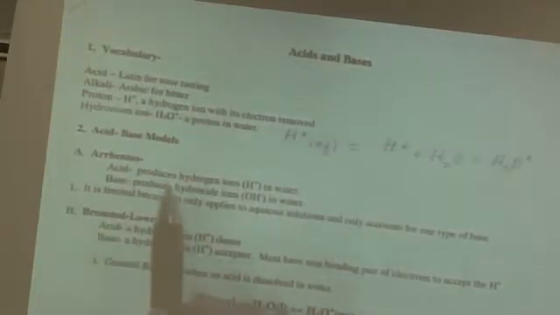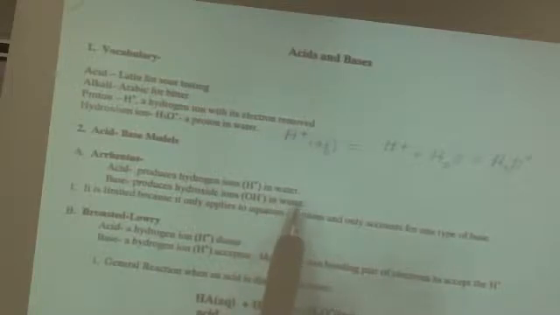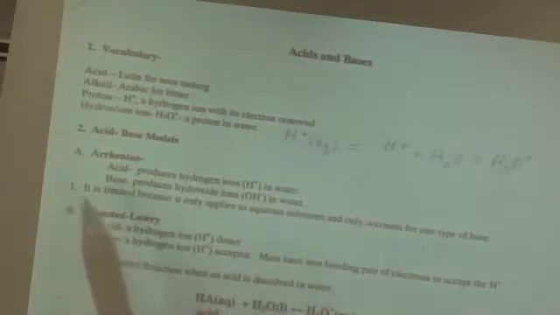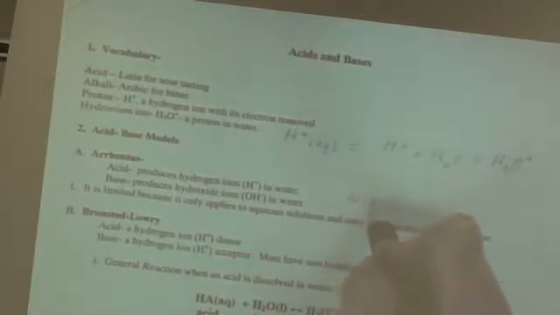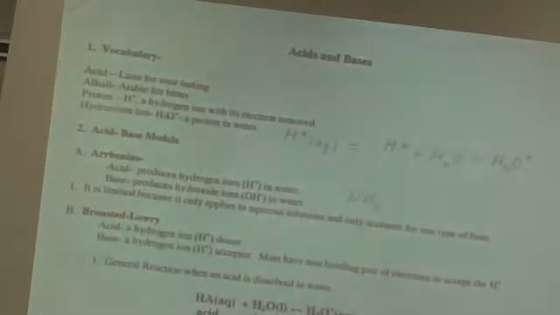A base produces a hydroxide ion, an OH- in water. This is very limited because it only applies to aqueous solutions and it only accounts for one type of base. This is most definitely a base, and it will not fit the Arrhenius scheme of things.